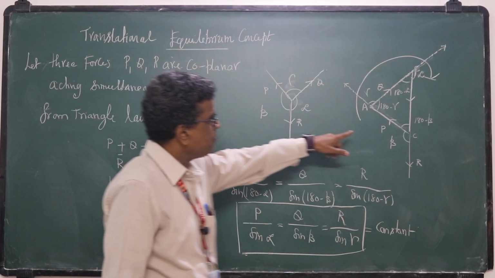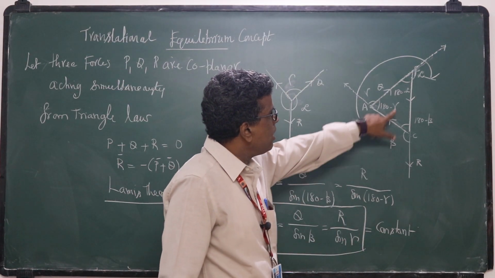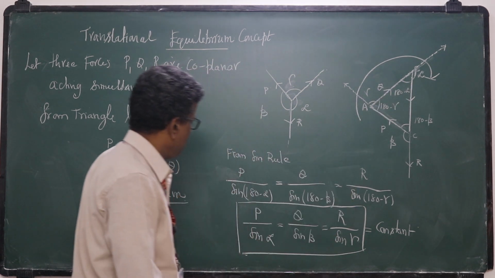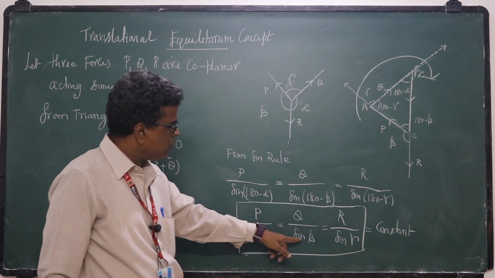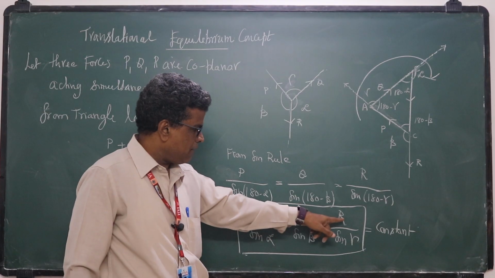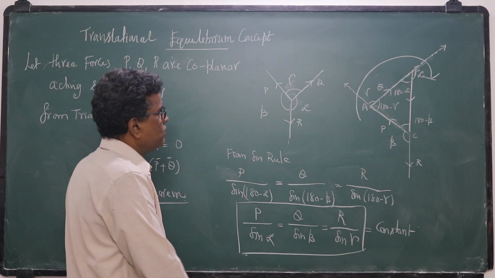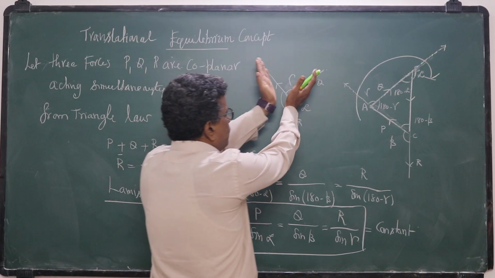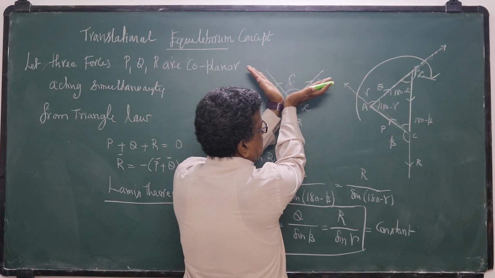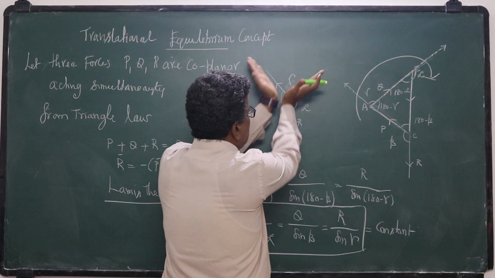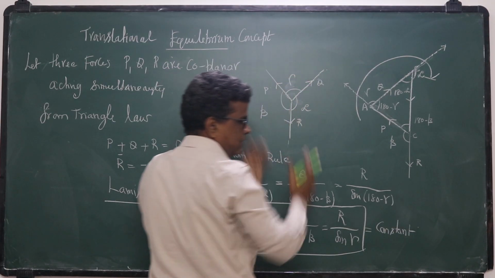That means if the magnitude of P is more, alpha will be more. If the magnitude of Q is more, then beta will be more. If the magnitude of R is more, then gamma will be more. So if this force is more, then these two will diverge like this. If this force is less, then these forces will be like this.